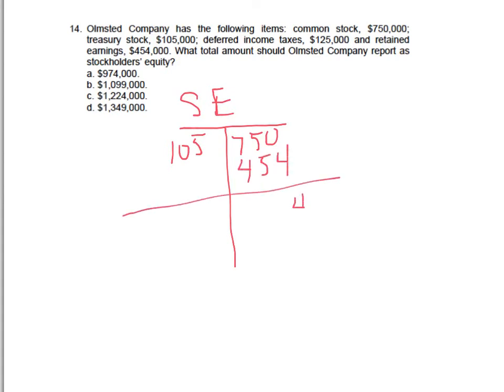So we have 4, 10, 12 minus 105 from the left-hand side is 9. 9 minus 0 is 9. 11 minus 1 is 10. And that's going to give us $1,099,000.